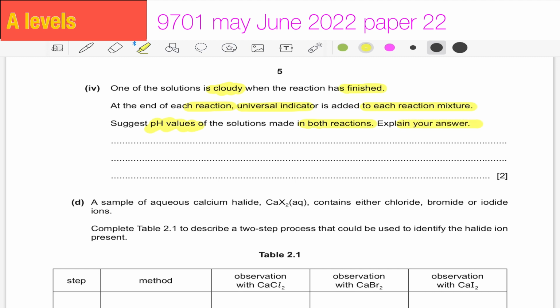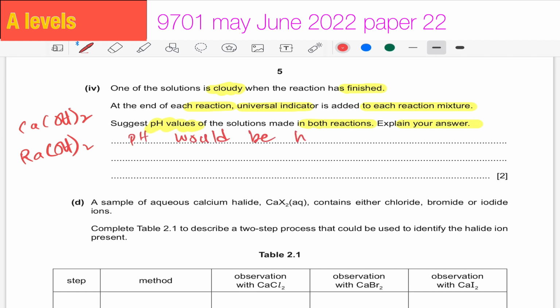Explain your answer. So, pH values for both. When we add calcium in water, we get calcium hydroxide, and when we add radium in water, we get radium hydroxide. Now both are bases, so that means the pH would be higher than 7.